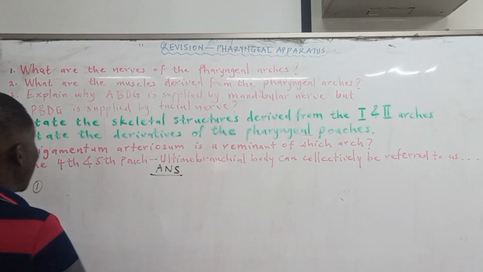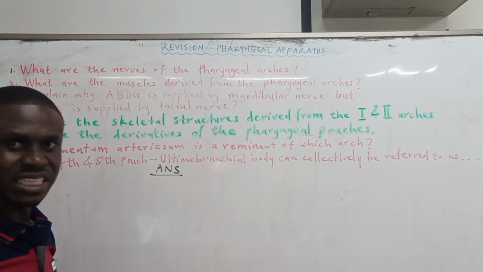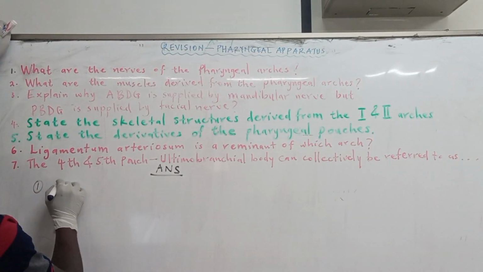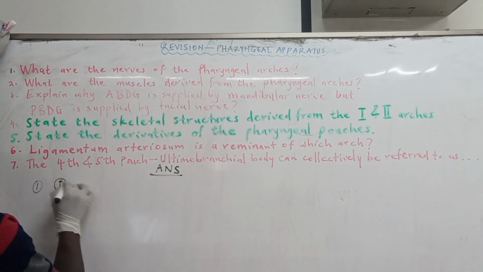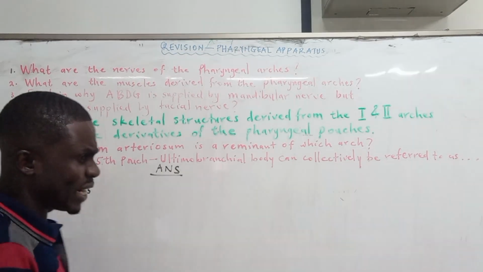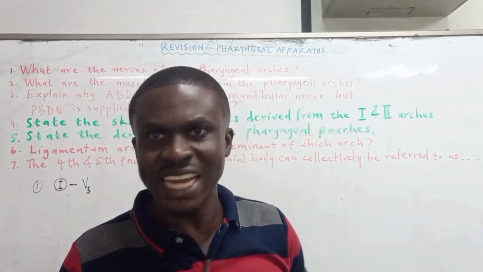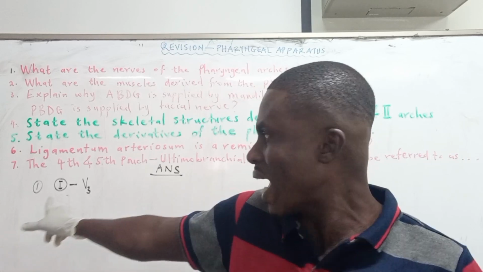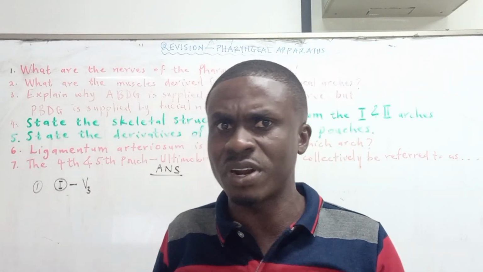Regarding question number 1, the nerves of the pharyngeal arches. The first thing you should be aware of is that the first pharyngeal arch, its nerve supply, is going to be the mandibular nerve, V3. The third division of the trigeminal nerve, the mandibular nerve, is going to be the nerve for the first pharyngeal arch.